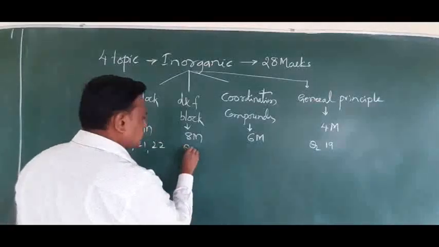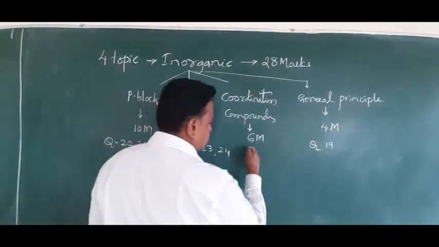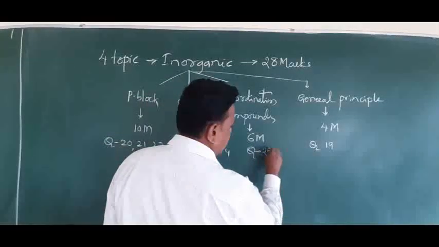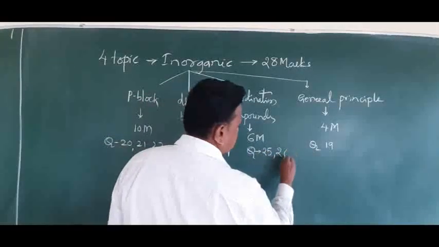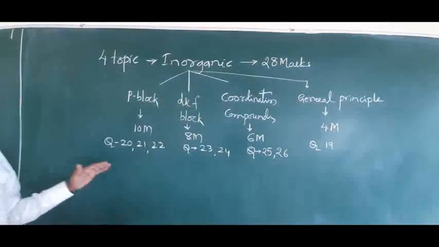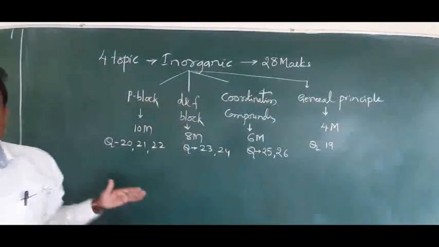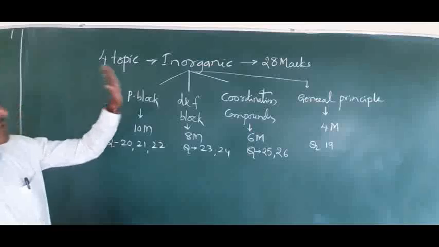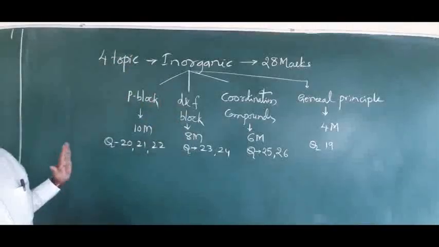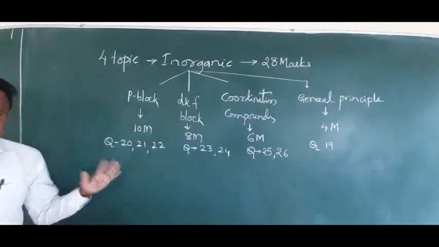This is question number 23 and 24. This is question number 25 and 26. These are the questions available in inorganic chemistry, with some 2 marks questions in part B also. So this is a brief introductory part of inorganic chemistry in PUC second year in our NCERT.